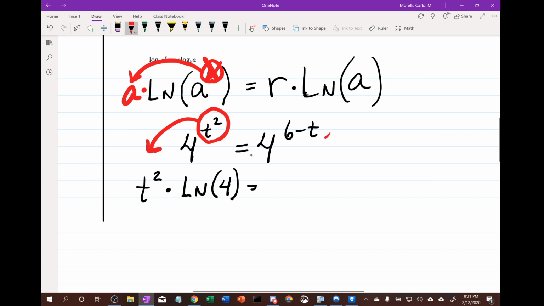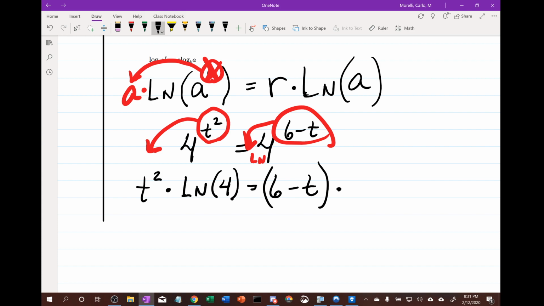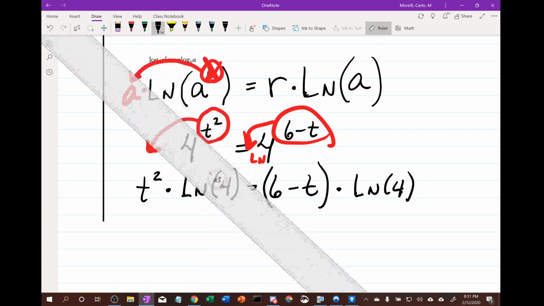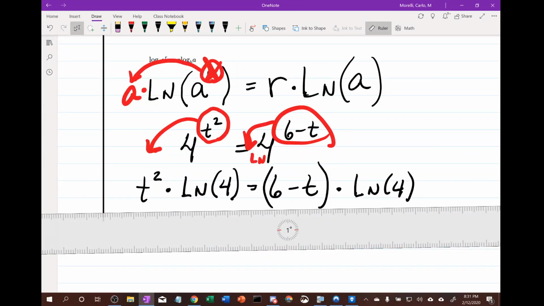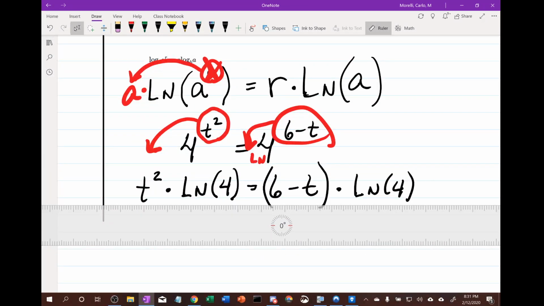I'm going to take this, move it down front here, and then I'll take the ln of 4. So now I've got 6 minus t, and this will be multiplied by the ln of 4. Now here's the beautiful thing, and this is why when the bases are the same, these problems are really easy. Right now this looks like a mess, but check this out.